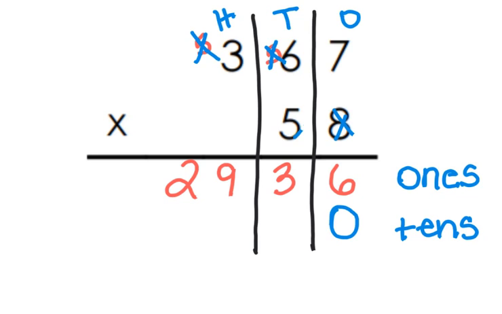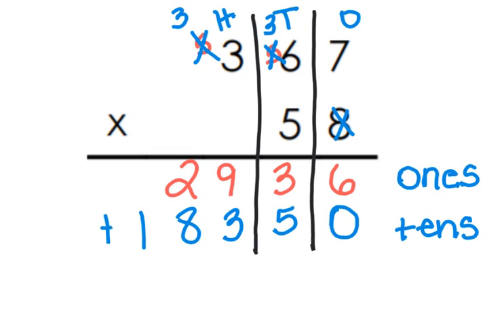So we're going to go diagonally across first. So 7 times 5 is 35. Regroup our 3. 6 times 5 is 30, and 3 more is 33. Regroup our 3. 3 times 5 is 15, and 3 more is 18.